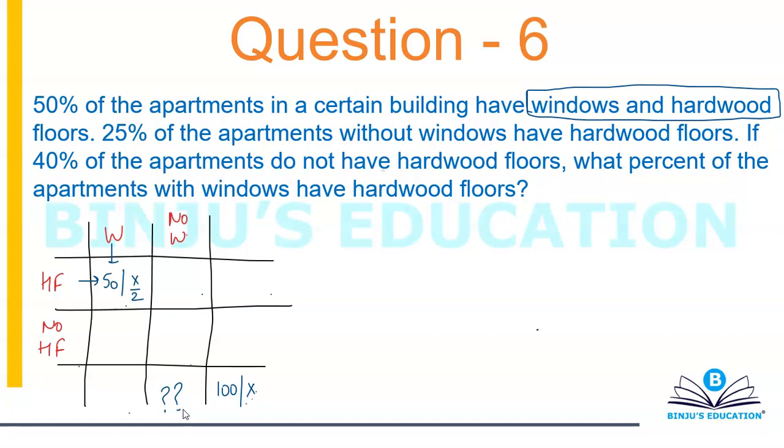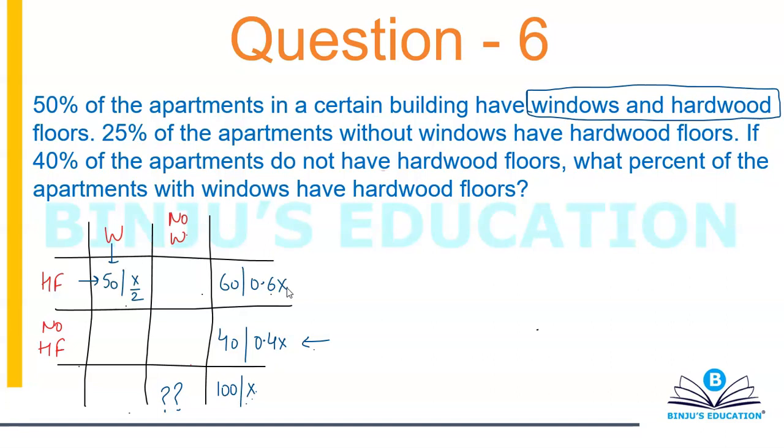If 40% of the apartments do not have hardwood floors, so 40% do not have hardwood floors. So 40% will become 40, or you can write it as 0.4x. Now if the value here is 40 or 0.4x, then the one just above it will become 60 or 0.6x, because the total is 100 or x.